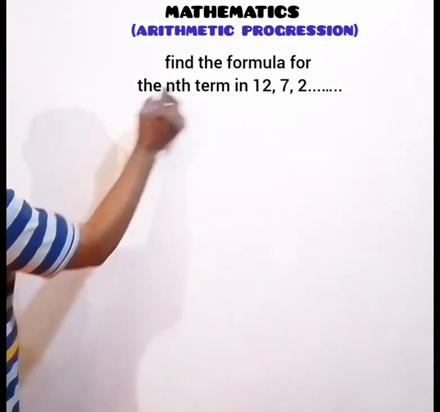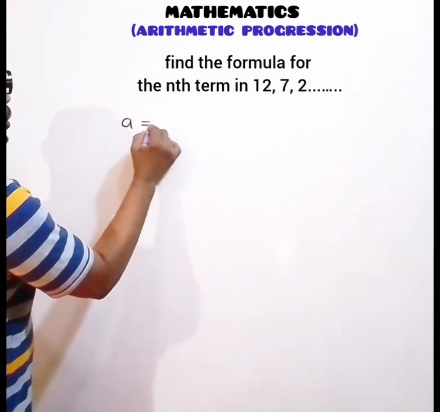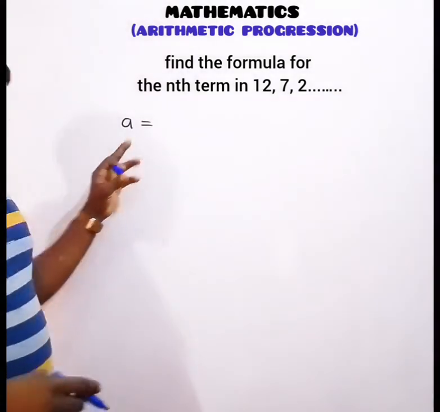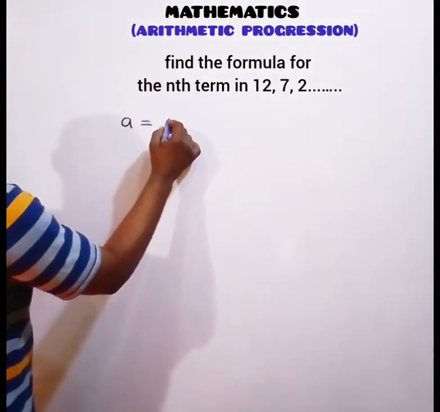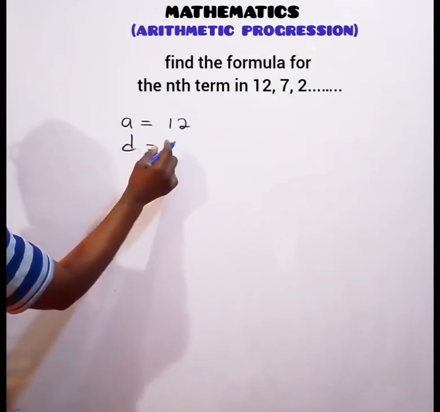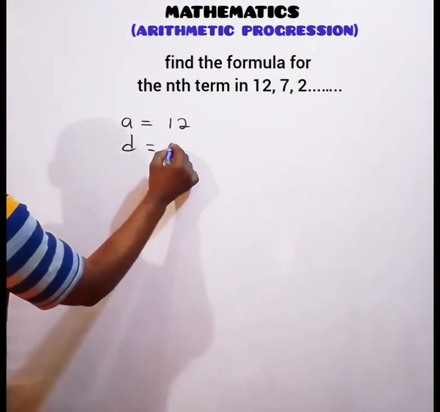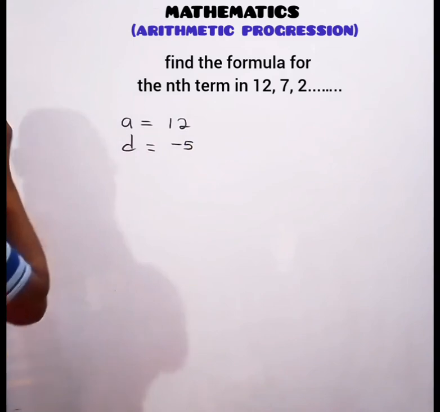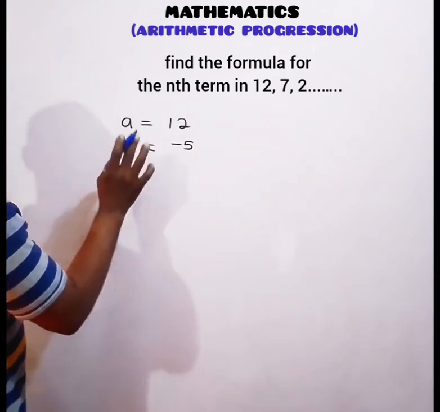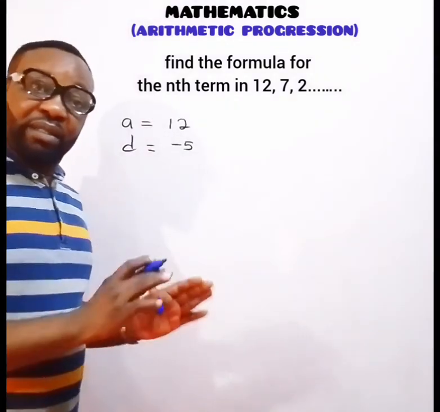Don't forget that we have already said that the first term is represented by the letter a. We have the first term to be equal to 12, and the common difference that we have here is equal to minus 5. We are asked to find the formula for the nth term.